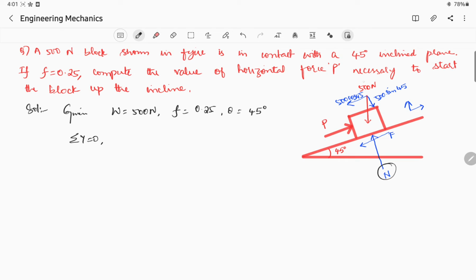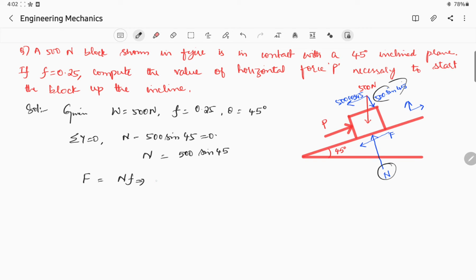We have N and 500 sine 45. So N minus 500 sine 45 is equal to 0. So N is equal to 500 into sine 45.